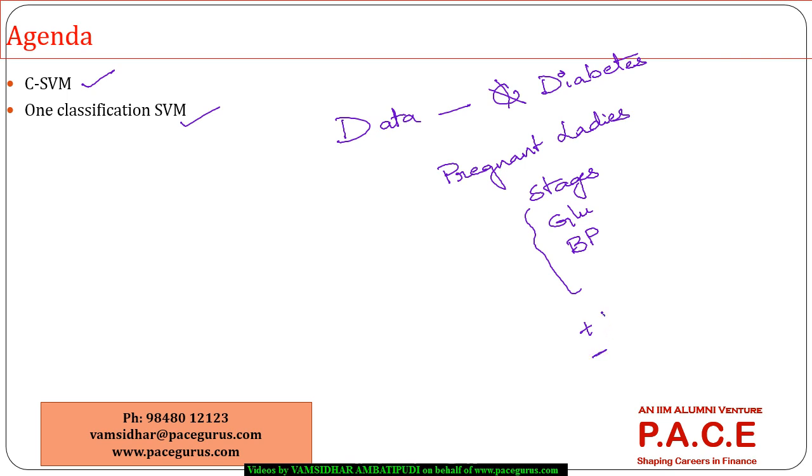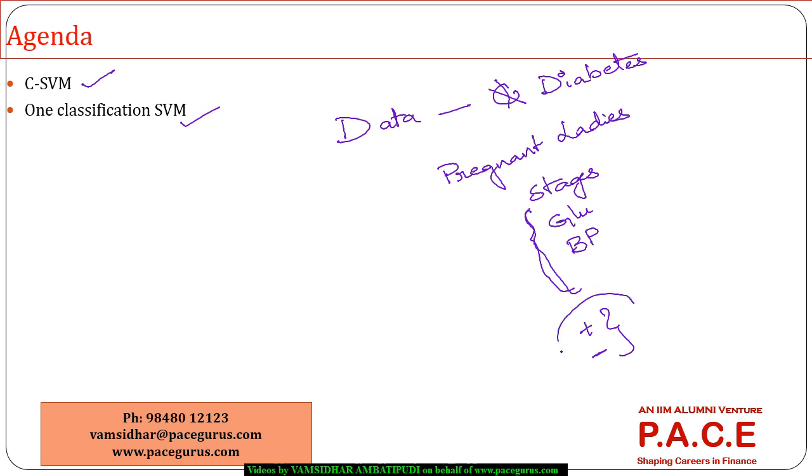Now, based on that, I would like to build a model. Can I really assess or link the presence or absence of diabetes to one or more of these various attributes using a support vector machine?